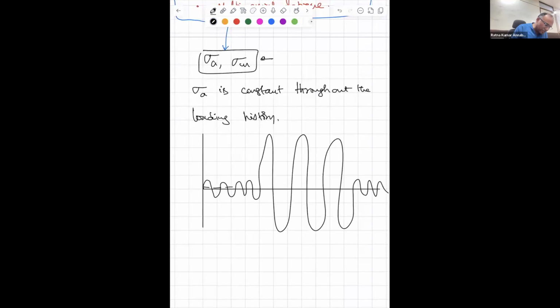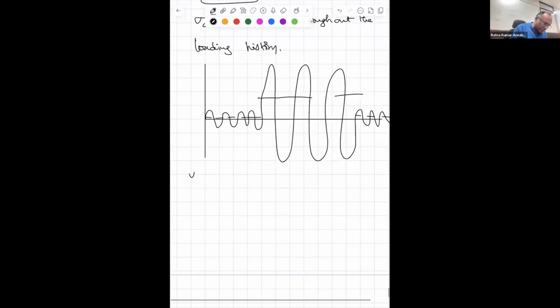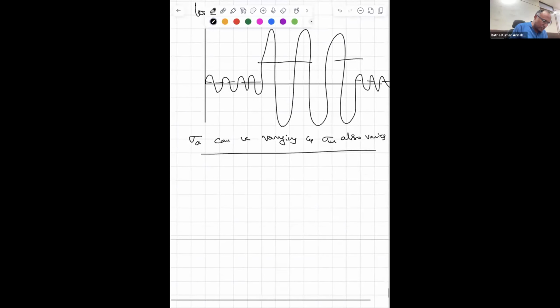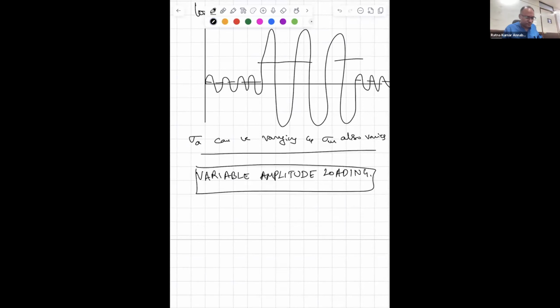Here the stress amplitude is something, here the stress amplitude is something else, and here something else again. That means sigma A can be varying, and sigma M as a result also varies. So far we have looked at constant amplitude loading. What happens if we have a variable amplitude loading? That is something that we will learn in tomorrow's class. Okay? Is that clear?